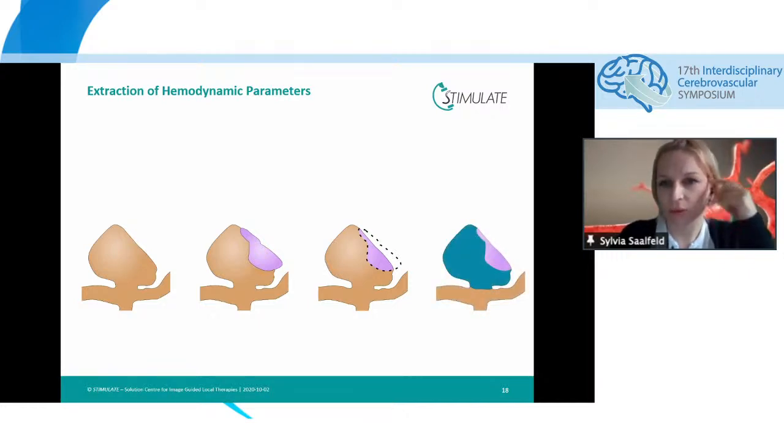You see in this greenish color there is the aneurysm head, and in the purple color there is the area which belongs to our enhancement patch. And now I can again have a closer look at the parameters. So we extracted the hemodynamic parameters for this enhanced area, the purple area, and we compare it later on with the whole aneurysm, which is indicated in this greenish color.